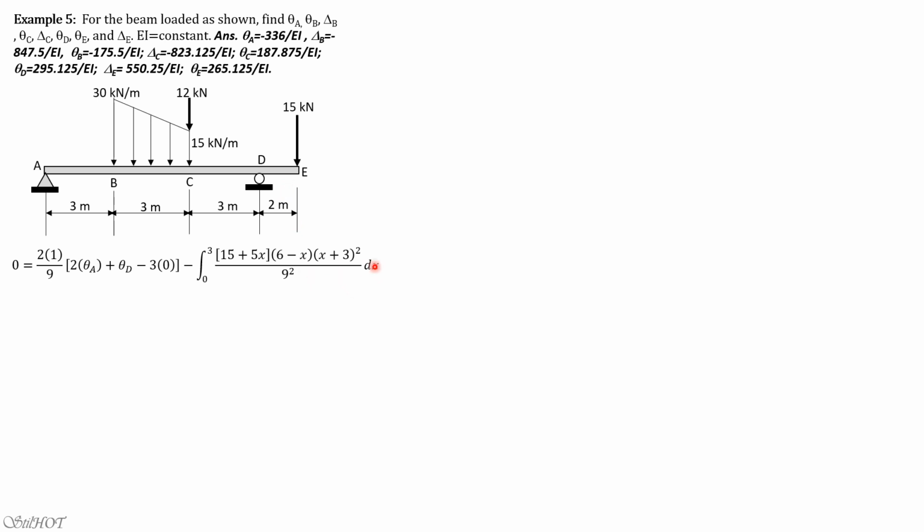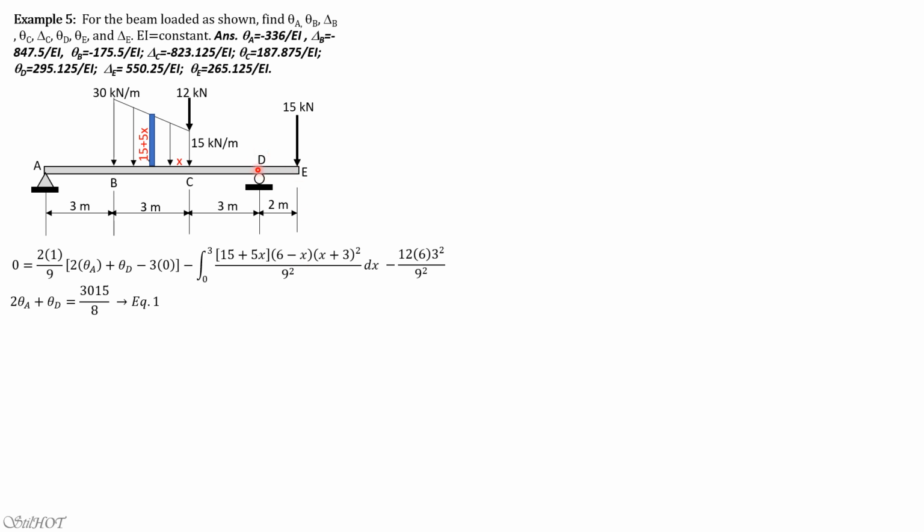So x plus 3 squared over 9 squared, 0 to 3. Minus the fixed moment of the 12 kilonewton load, which is 12 times 6 times 3 squared over 9 squared. So 2 theta A plus theta D equals 3015 over 8. Call this equation 1.